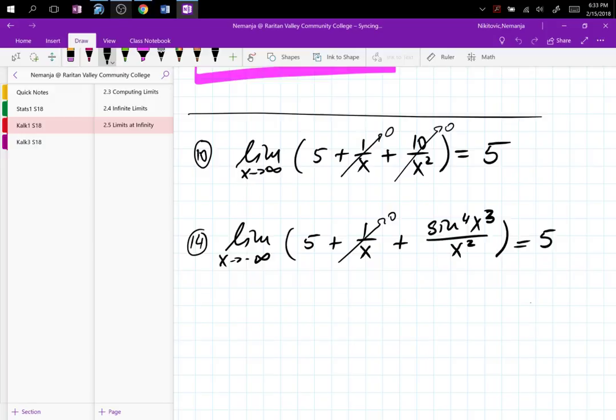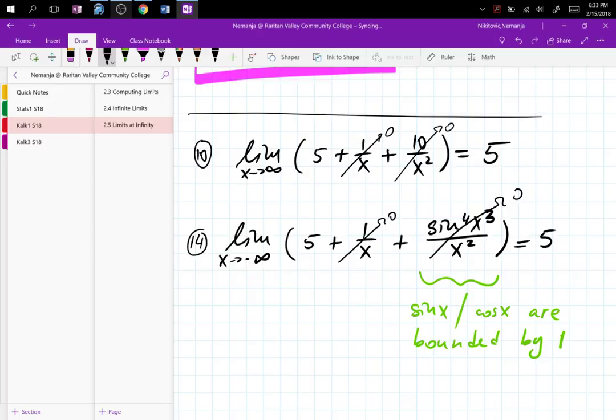So I'm just going to say over here, sine x, cosine x are bounded by 1. So technically the term is 1 over x squared. So yeah, it dies too. So you have 5 plus 0 is 5.